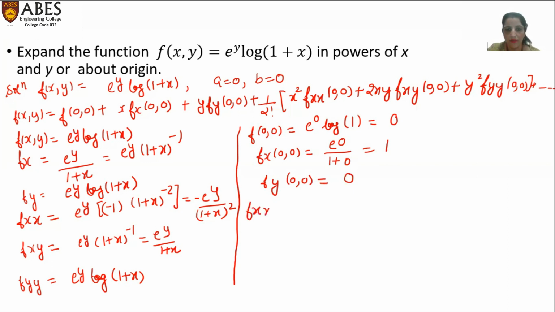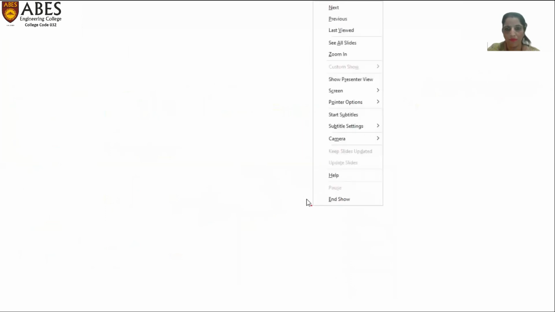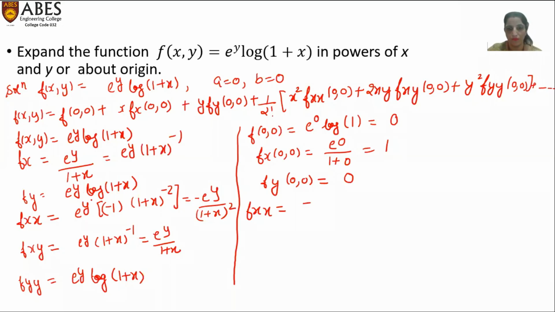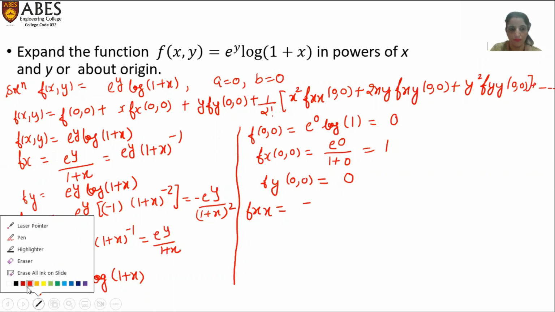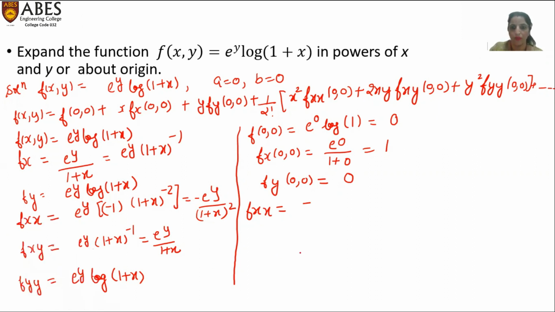The double derivative with respect to x is minus 1 upon 1 square, so its value is minus 1.